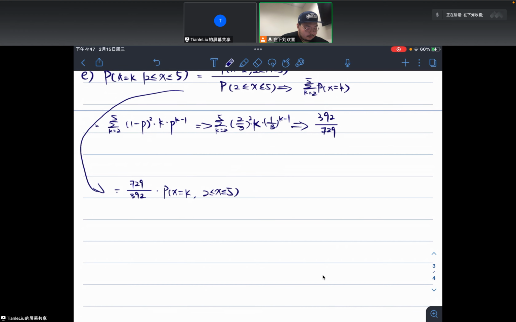So this one turns out to be 392 over 729 multiplied by 1.4 times k times (1 over 3) to the power of k minus 1, which turns out to be 0.826531 multiplied by k times (1 over 3) to the power of k minus 1, with k equals 2, 3, 4, 5.